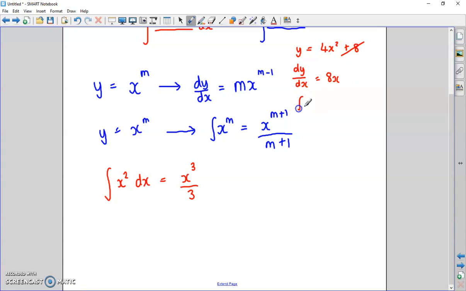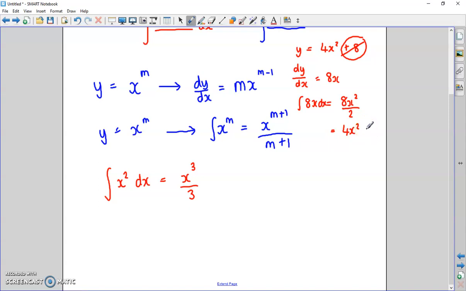If I integrate it, so I try to reverse this dx, I would get 8x squared over 2, which is 4x squared, so I get the 4x squared back. But what about the plus 8 on the end? Okay, it was there originally, it disappeared when we differentiated. Well, I'm integrating, so I should be reversing the process, but how can I get the 8 back?